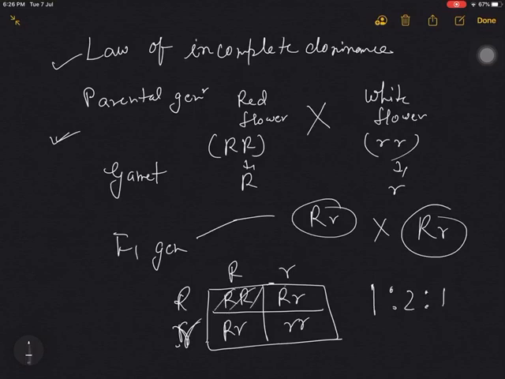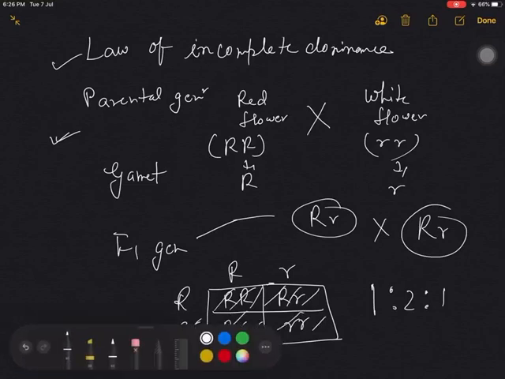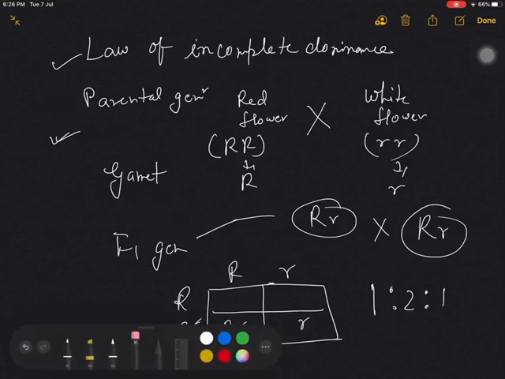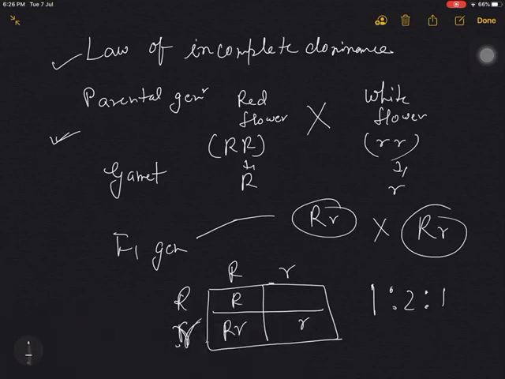So why am I telling you this? What does it mean? Try to see. This is the complete red flower, this is the pink flower, and this is the white flower.